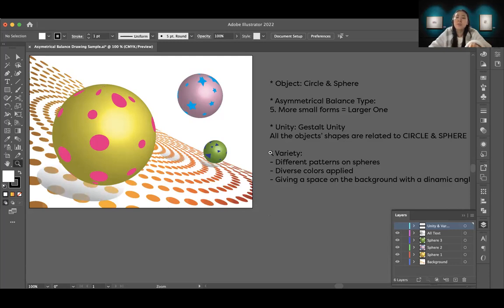And for the variety part, as you can see, I used different patterns on the balls, the spheres, and then I used diverse colors in my drawing to create interest and attraction. I also made the background dynamic to add variety. So that's my sample. And then I will show you more examples for your understanding.